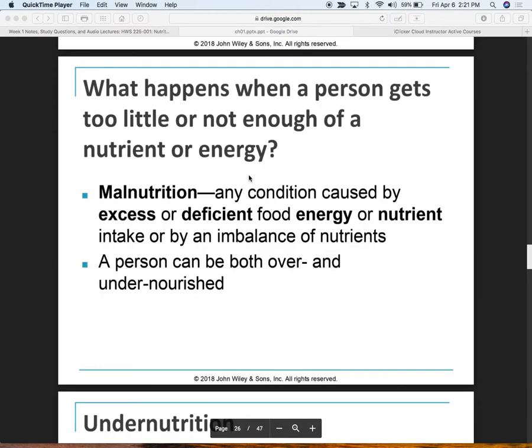You could also argue that they are overnourished, or that is a form of malnourishment. Okay? So a person can be both over and undernourished, and you may be scratching your head and saying, well, how can this be? Well, think about someone that eats McDonald's every day: they are overnourished in calories and undernourished in critical vitamins and minerals and nutrients.